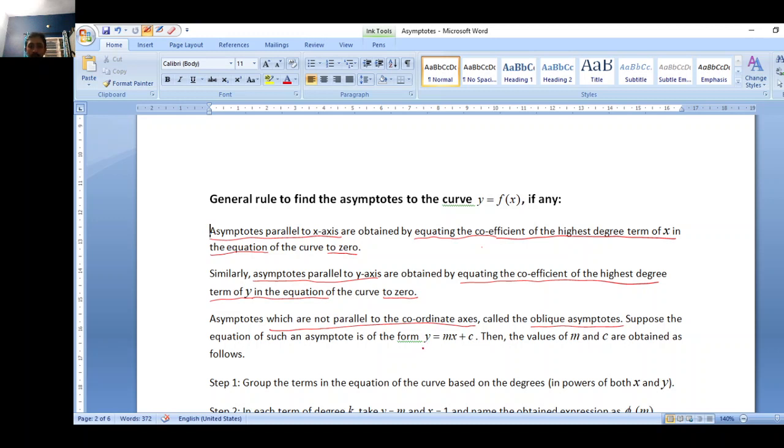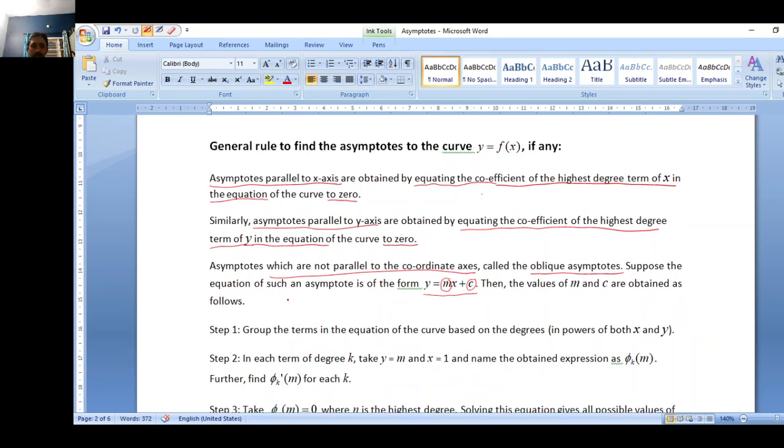First of all, we assume the equation of such an asymptote to be of the form y equals mx plus c, because basically any asymptote is a straight line. So we assume y equals mx plus c to be the equation of the asymptote. The rest of the process is to find out what m and c are. Of course, as we know, m represents the slope of the line and c represents the y-intercept. So we'll see how to find m and c based on the following steps.